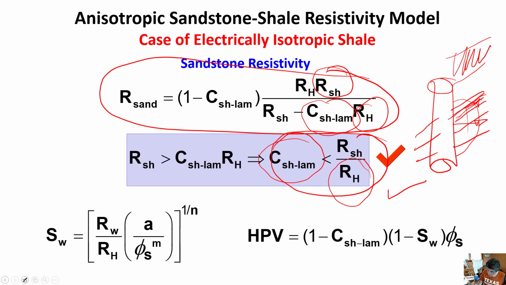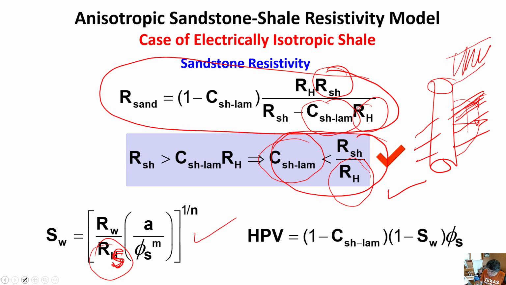Anyway, so now what do we do next? Once you find the resistivity of the sandstone, then this is incorrect. This should be S right here. Then once you have the resistivity of the sandstone right here, we can apply Archie's equation.